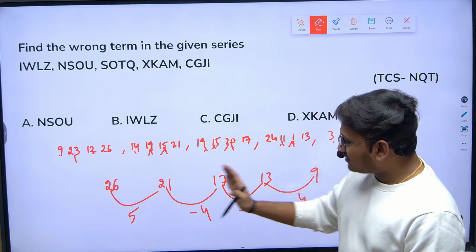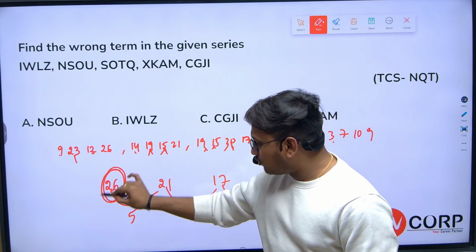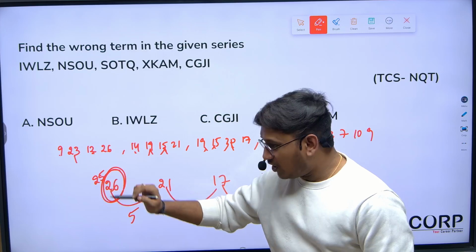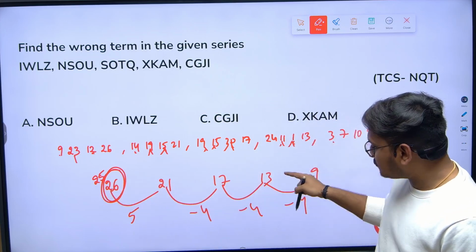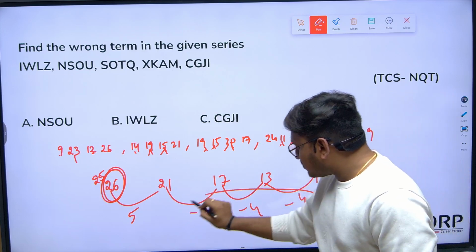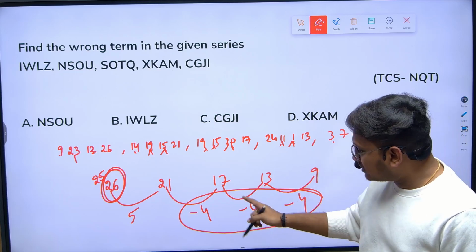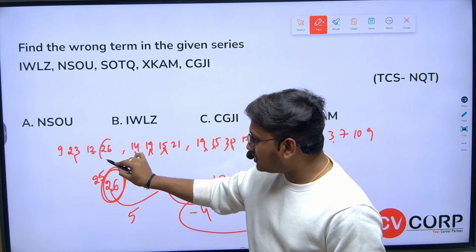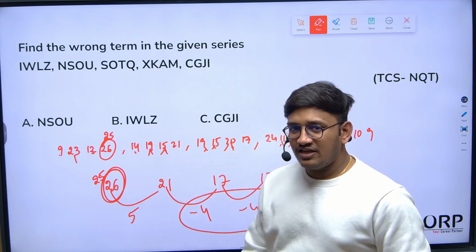All the differences are minus 4 except this one. Actually, instead of 26, it should be 25. With 25, it's minus 4, minus 4, minus 4, minus 4, and all numbers get set. So the last three differences are minus 4, except in the first set, where we have 26. If it were 25, everything would be set.